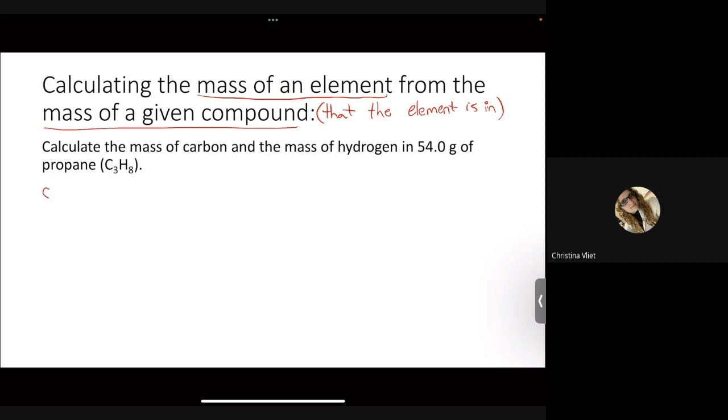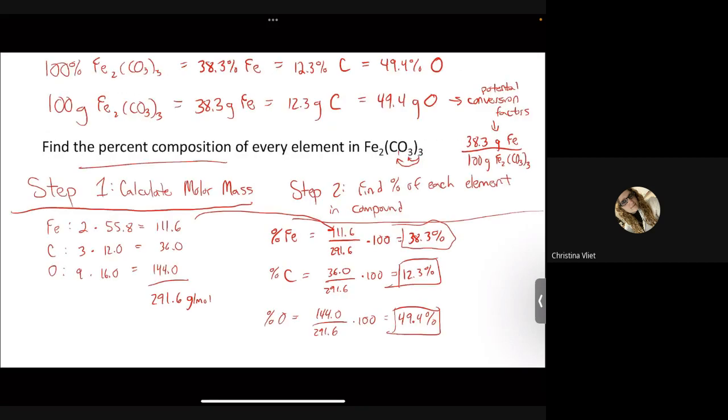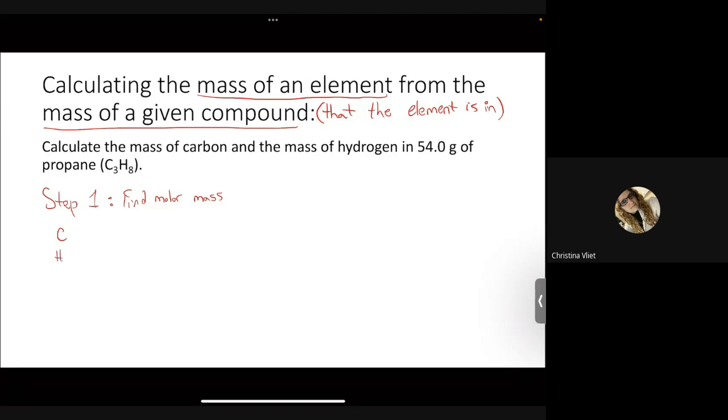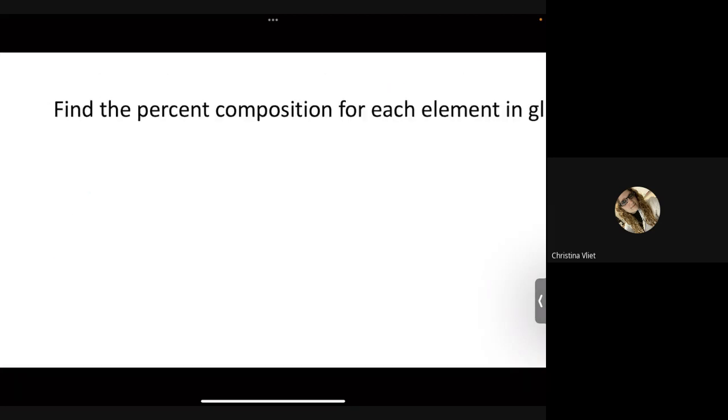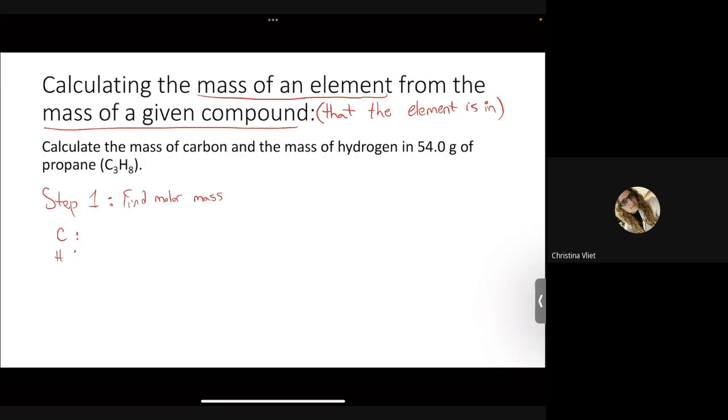Eventually, you'll be finding molar masses like a pro because you'll just keep doing it over and over again. So find the molar mass. We need to find out the molar mass of C3H8. I gave one that is not too difficult to figure out, no parentheses. So carbon is 3 times 12 is 36.